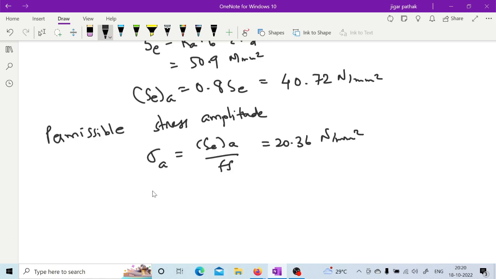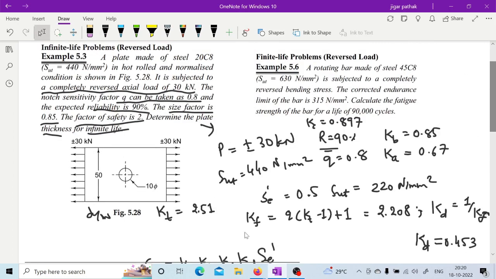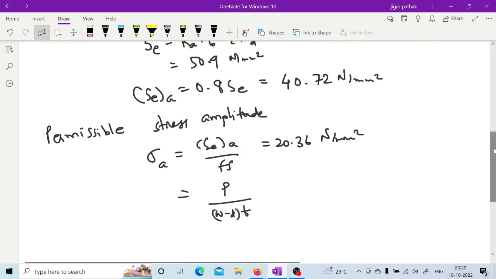So once you have this, then you can calculate the thickness, right? Because this will then be equal to the force P upon (W minus d) into t. So W is 50, d is 10, correct? And P is anyway given as 30 kilonewton.